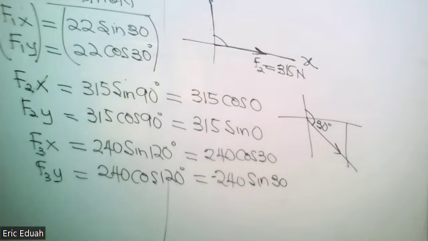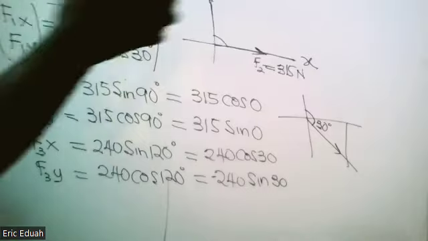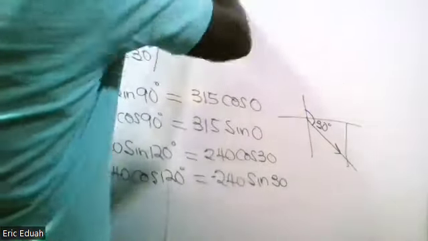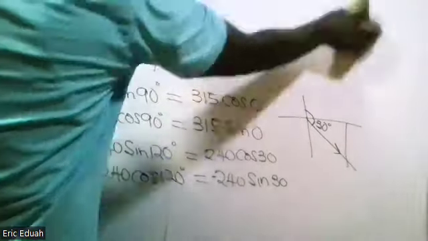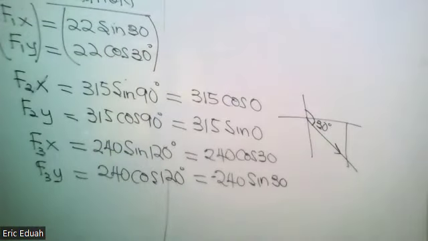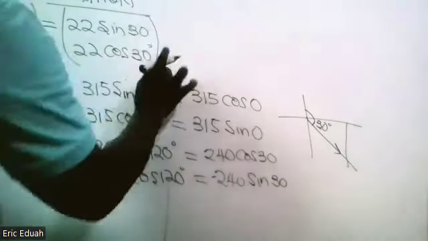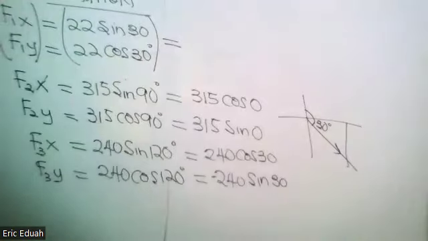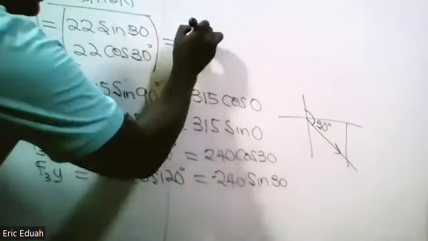Okay. So let's find the actual values and then quickly use that to find our resultant force and then the equilibrant. So F1x: sine 30 is half, so this is 11.